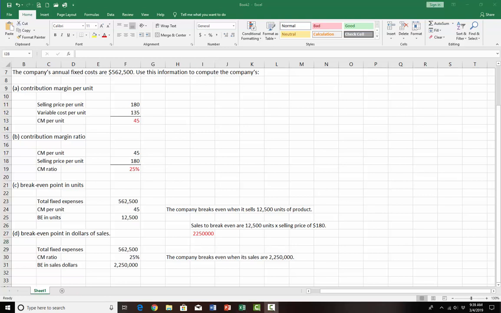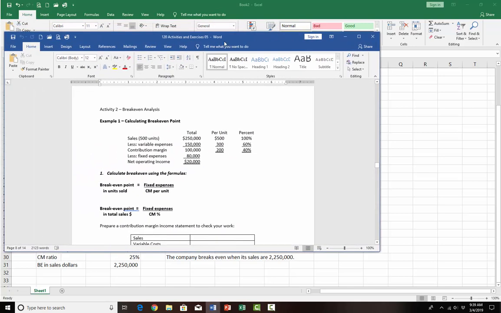Okay, so hopefully you went back and reviewed what we just did with break-even point. Next up, I'm going to ask you to go to your class activities and go to activity 2, example 1, which is called calculating break-even point. It looks like this.